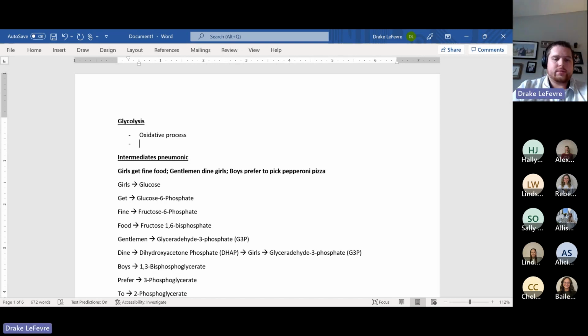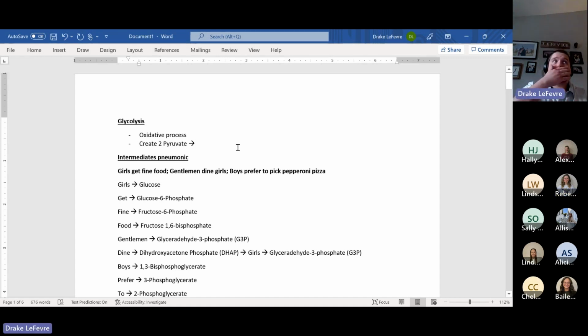What's its goal? Create 2-pyruvate. Create 2-pyruvate with the very end goal of being what? Why do we go through glycolysis, why do we create the pyruvate? For the beginning process of the Krebs cycle?